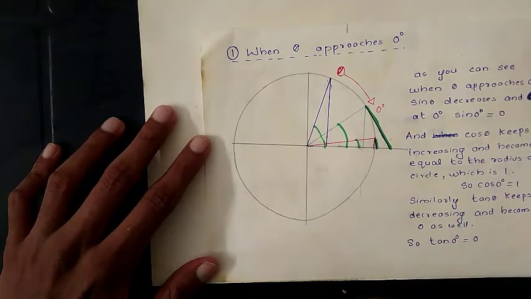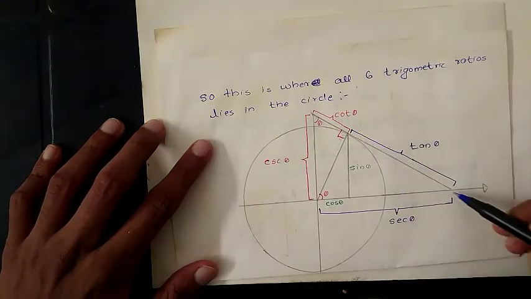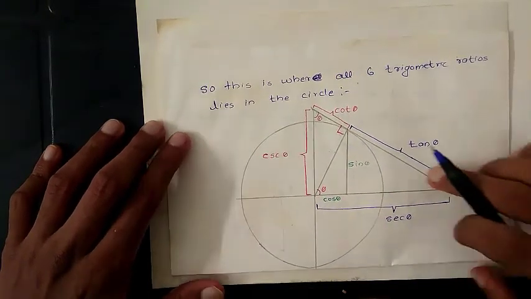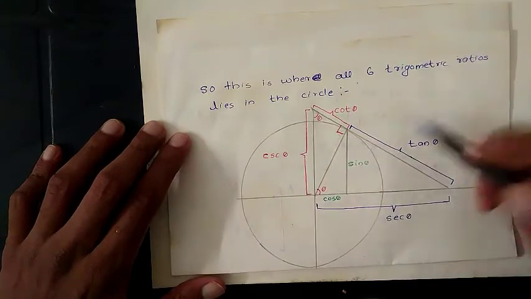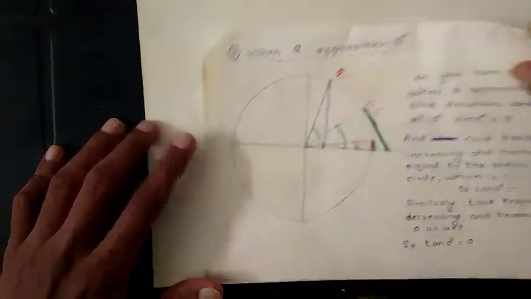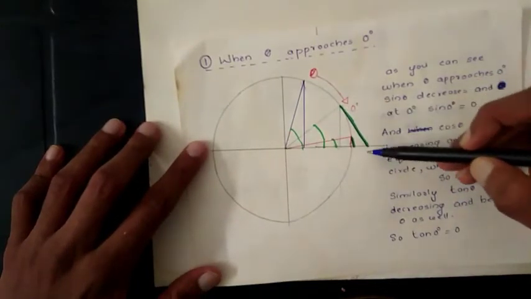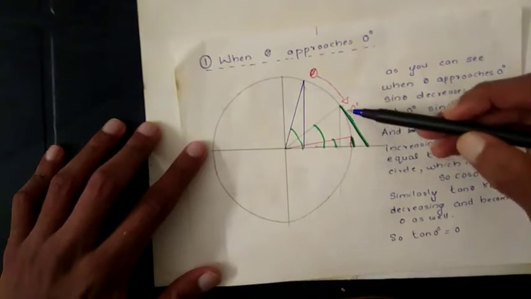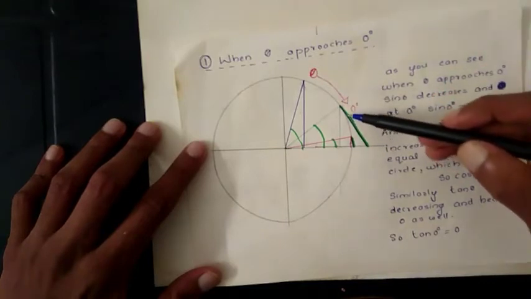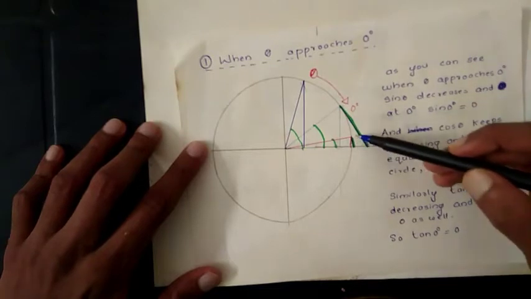And what will happen to tan theta then? We know from the last video that tan theta is this length, and that length is perpendicular to the radius, which is the hypotenuse of the right angle triangle here. As theta approaches 0 degrees, this tan theta length is decreasing.